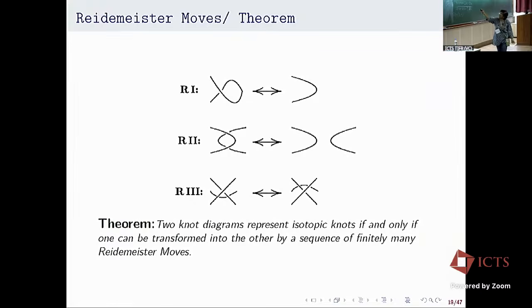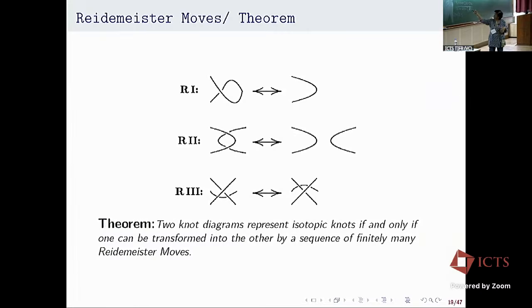So these three moves completely capture the equivalence at the diagram level. So you say the diagrams represent isotopic knots. The equivalence at the knot level or link level is called isotopy.